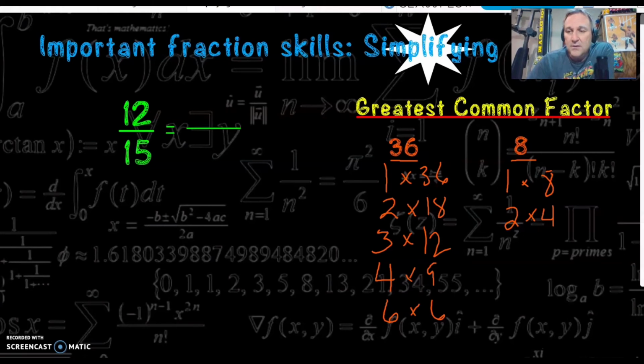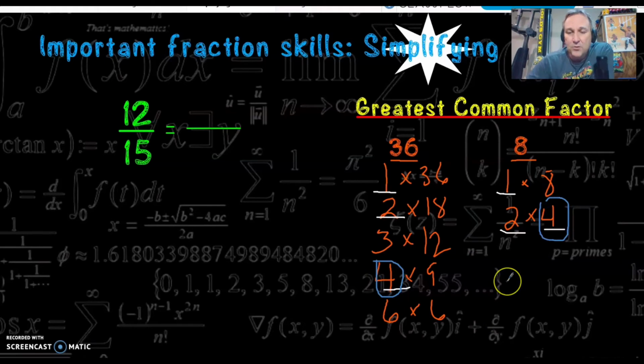If you look here, they both have 1s. They both have 2s, and they both have 4s. So the biggest one they have in common is 4. That's the greatest common factor. So we'll write greatest common factor equals 4.